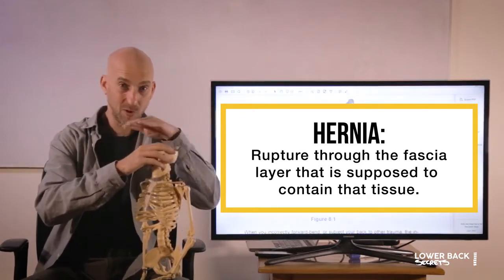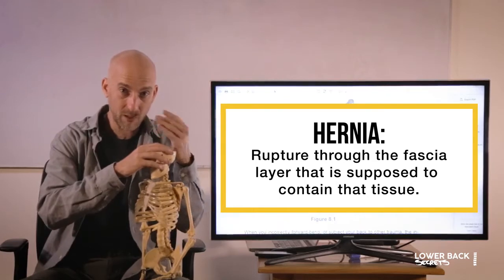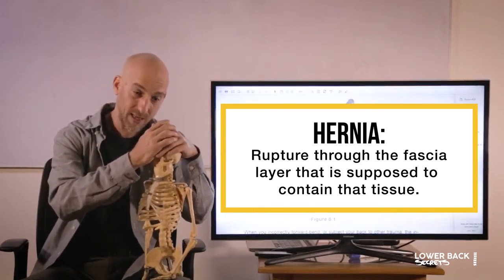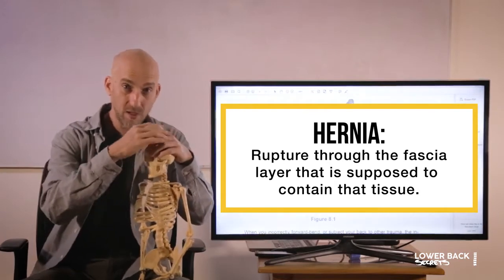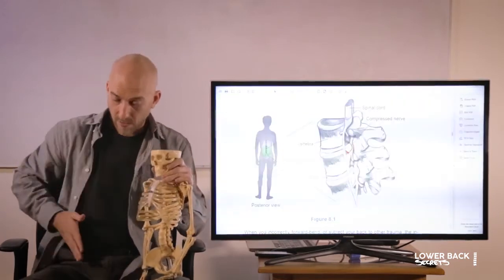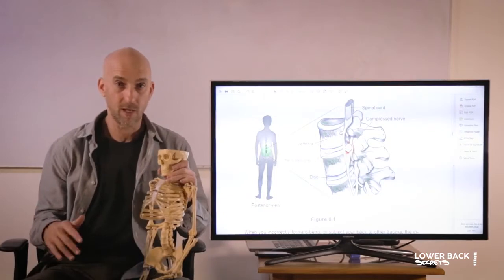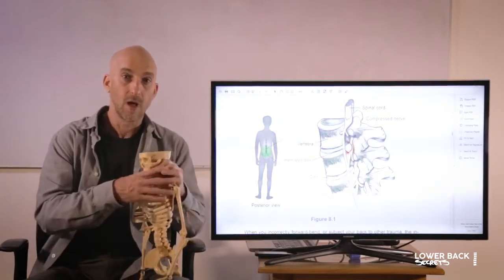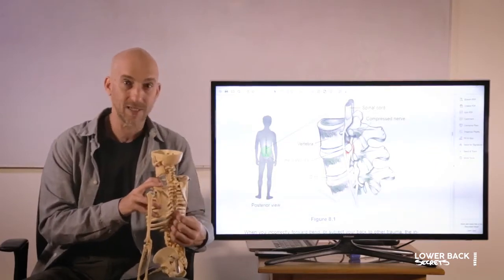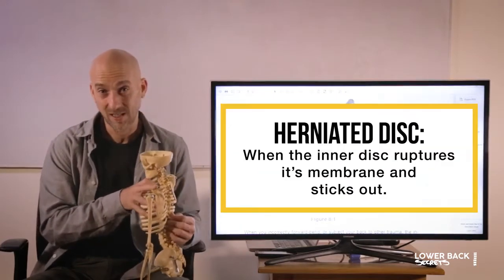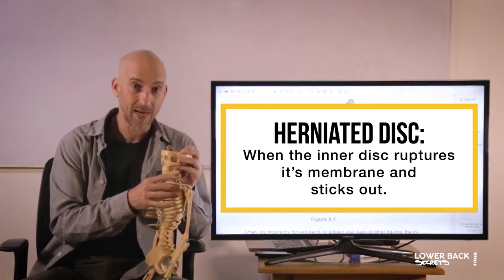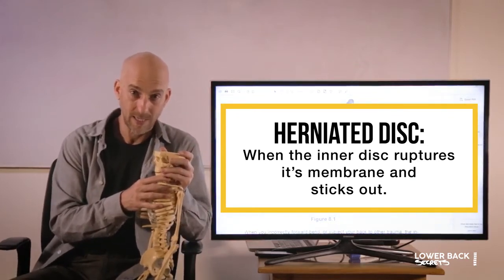So if something is supposed to be inside a membrane, maybe fascia or some other tissue, and then that outer membrane breaks and the inside sticks out, that is going to be a hernia. If it's on the inner thigh, it's going to be an inguinal hernia. If it's here in the stomach zone, it's a hiatal hernia. But here in the case of a disc, if the inner disc ruptures its membrane and sticks out, that is going to be called a herniated disc.